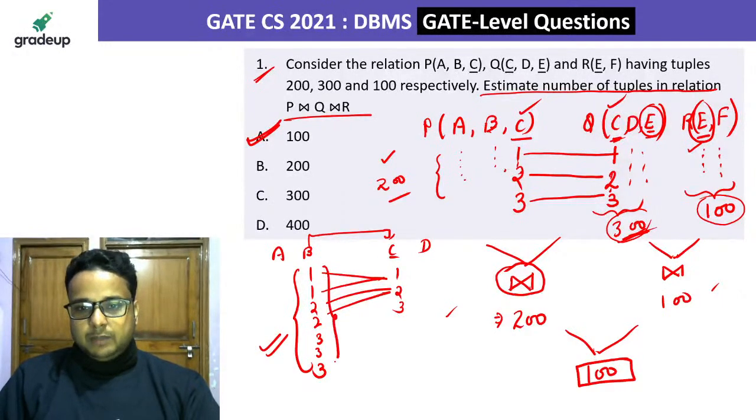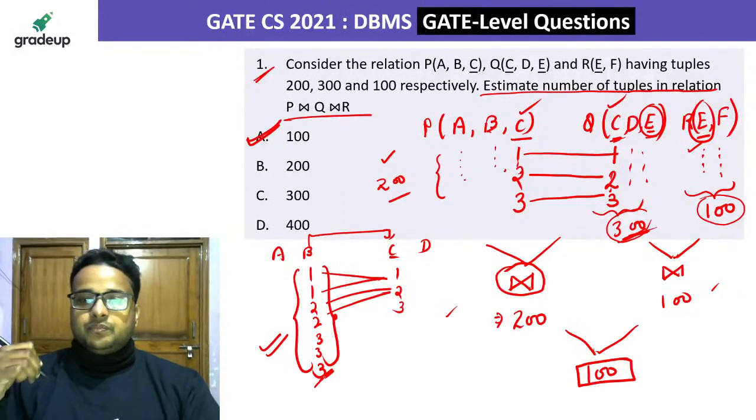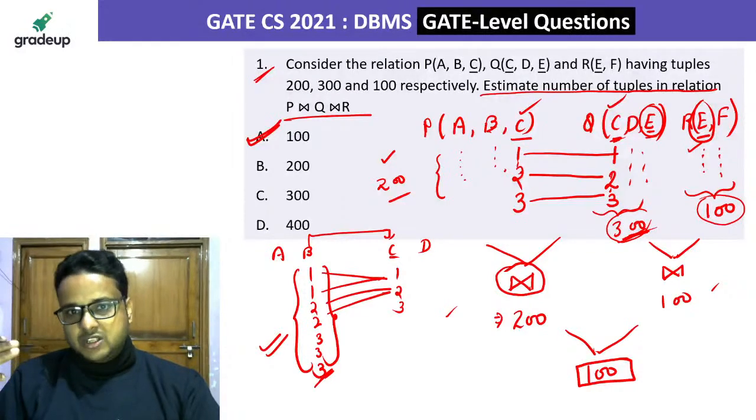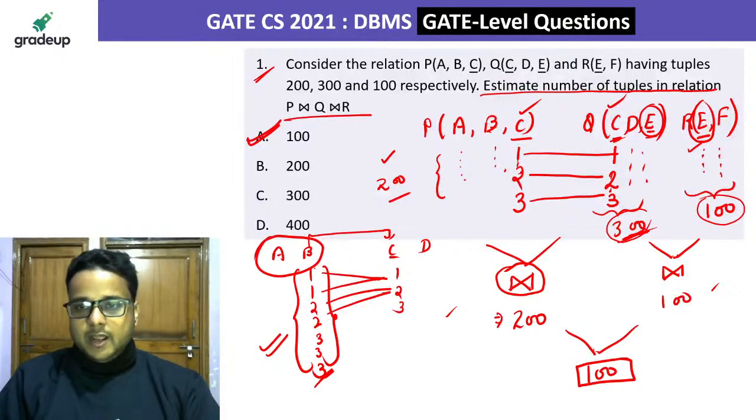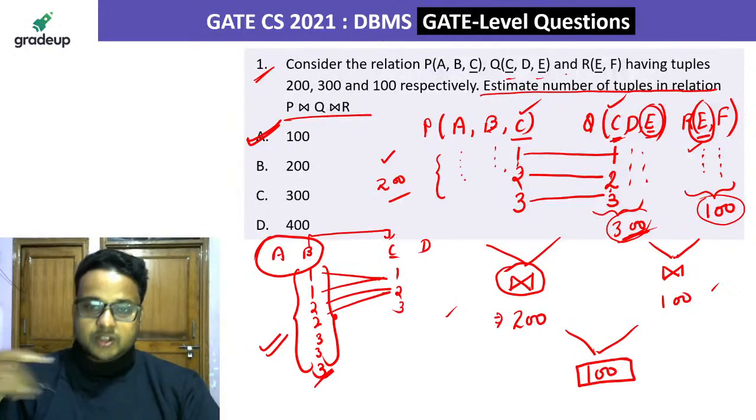So as many tuples as I have in the first table. But now because they have said key, key and key, as the underline shows, it is the key.